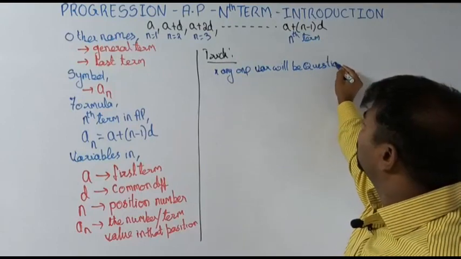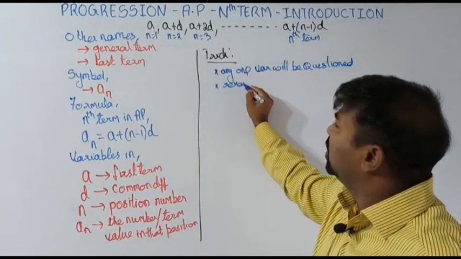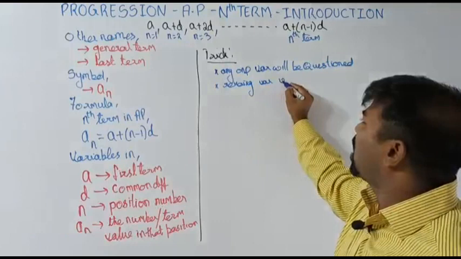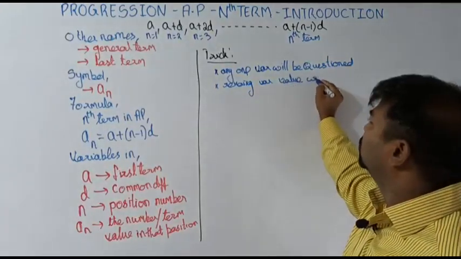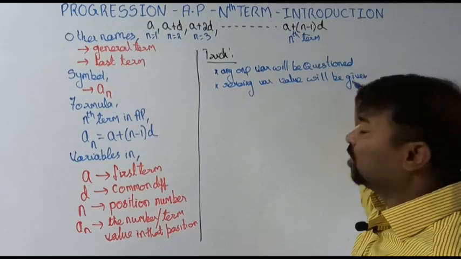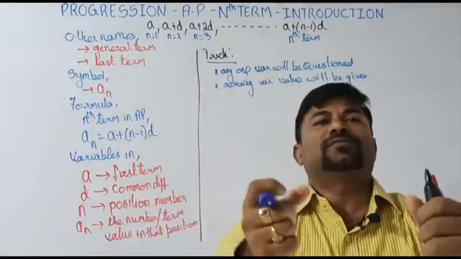So any one variable will be questioned, and the remaining variables' values will be given to you in the question. It is not compulsory that everything will be given straight away.